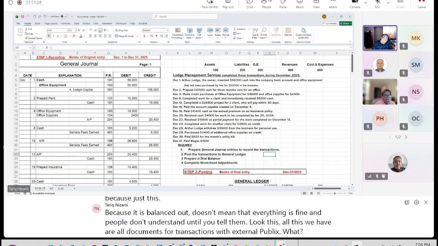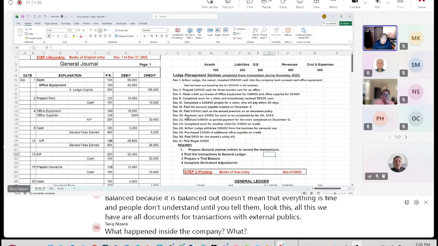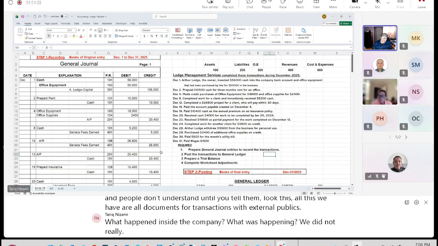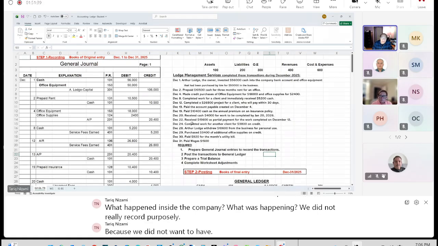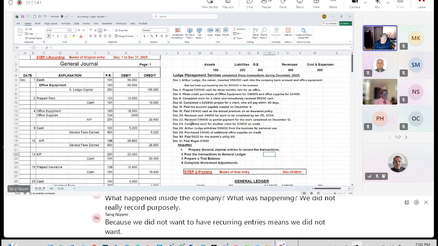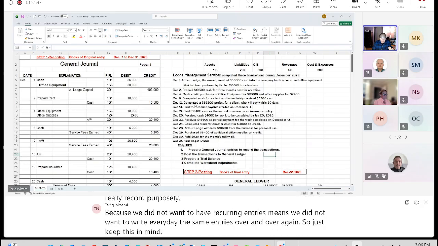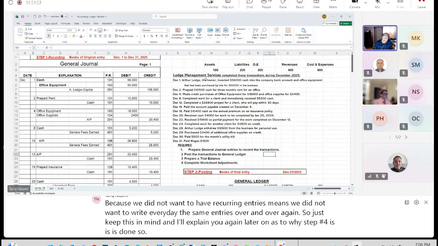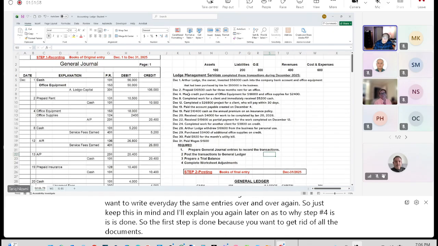What happened inside the company, we did not really record, purposely, because we did not want to have recurring entries. Means we did not want to write every day the same entries over and over again. So just keep this in mind, and I'll explain again later as to why step number 4 is done. So the first step is done because we want to get rid of all the documents.